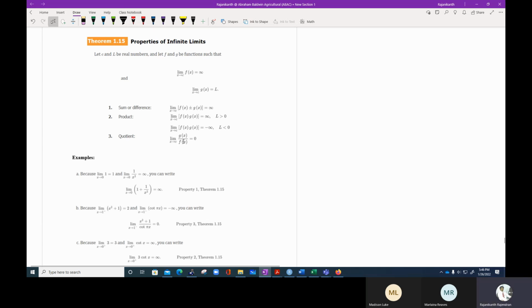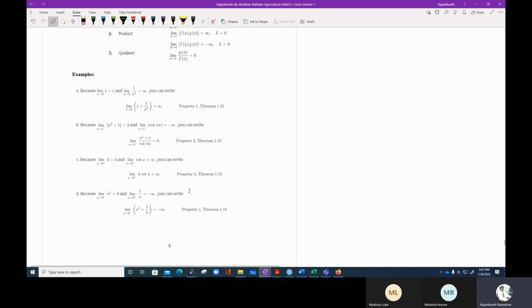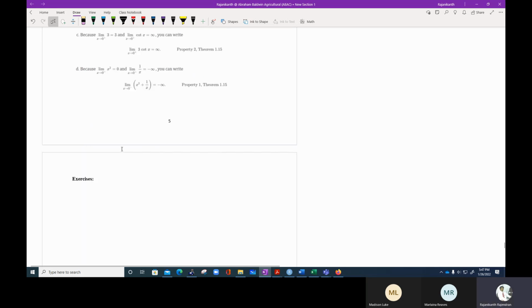If you divide one function by another, and the denominator function is infinite, then the result is going to be 0. These are basic properties you could memorize.